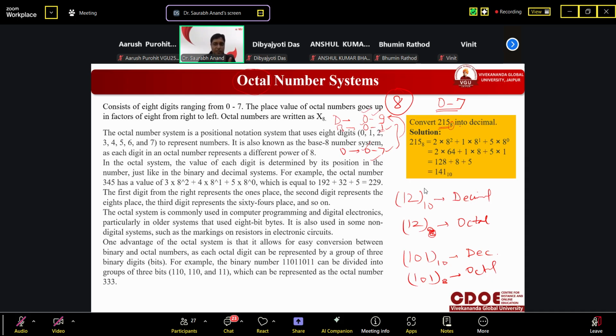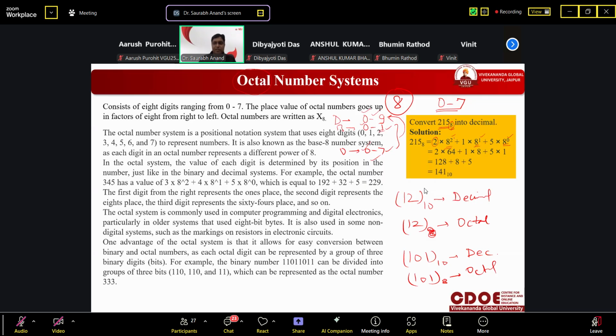There it was 2, so we multiplied by 2. Now it is 8, so we multiply by 8 raised to the power n. We start from 0, then 1, then 2, and so on. There are only 3 digits, 2, 1 and 5.